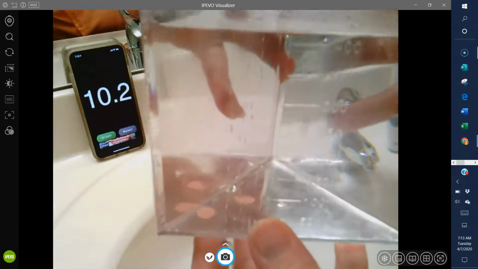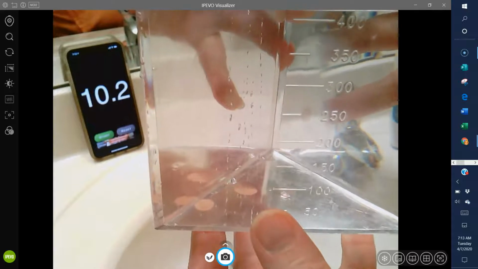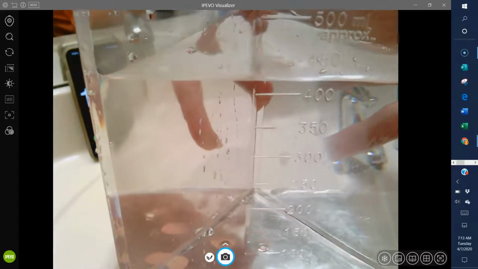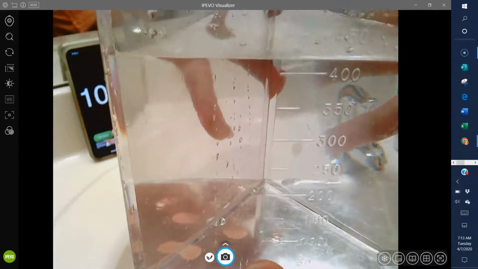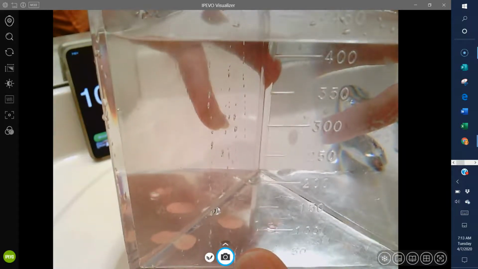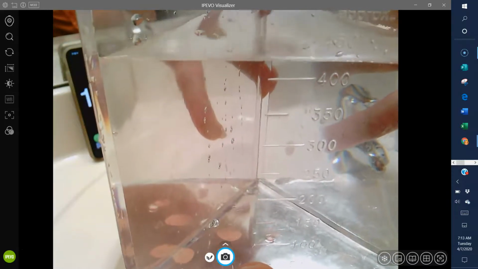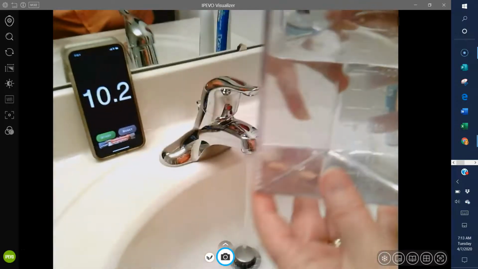Okay, and this time we have 425. Whoops, let me put that where you can see it. Maybe 420. It's a little closer to 400, right? Halfway between 400 and 450 would be 425. So we'll say 420.